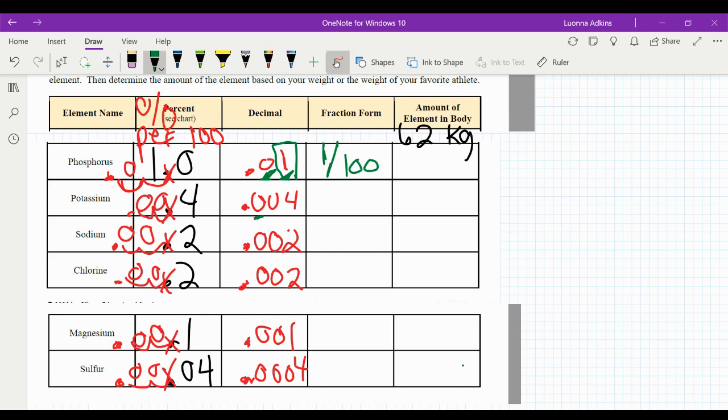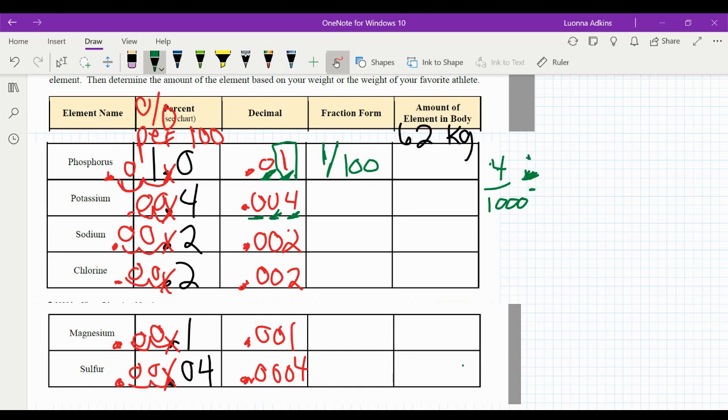We're going to do the same with potassium. We're going to look at that 4 is in the thousandths place. And I am going to write it over here because I know 4 thousandths can be reduced. If we reduce 4 thousandths, we talk about the greatest common factor of both the numerator and the denominator.